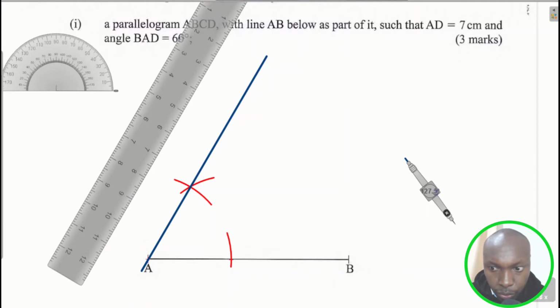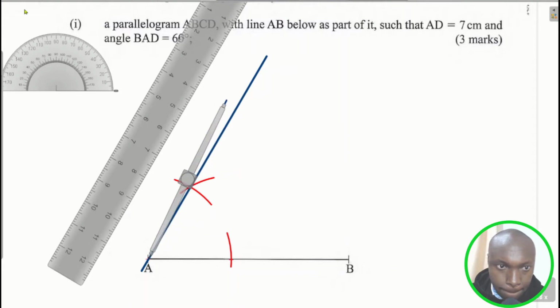So what I'm going to do, I'll take a measurement of 7 because AD should be 7 centimeters. So what I should do is simply stand at A, and measuring, this one should be 7 centimeters.